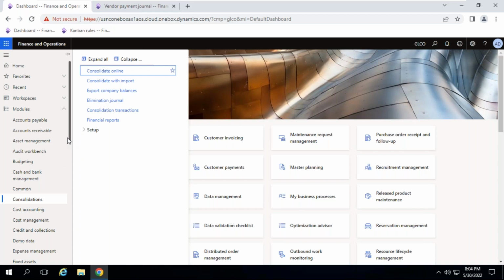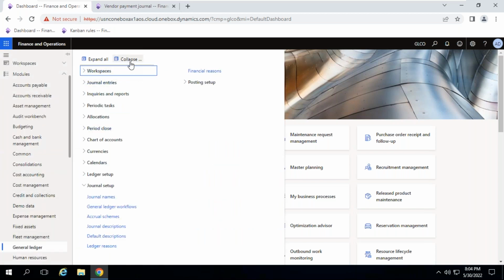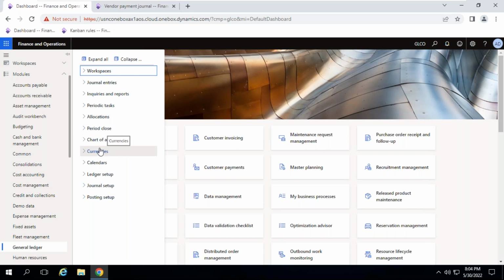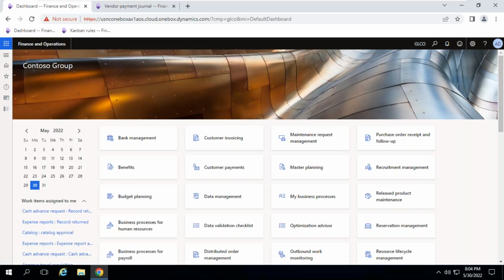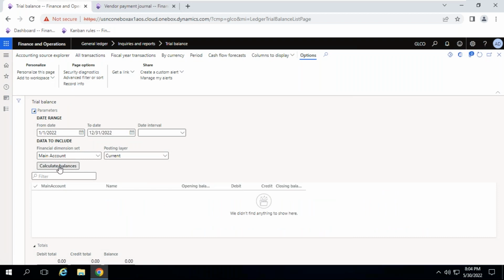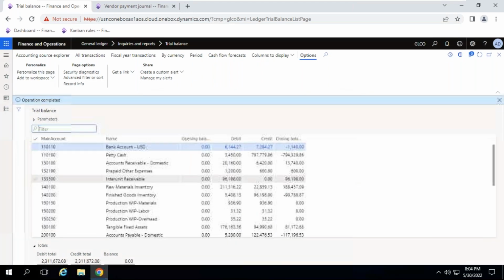If you go to trial balance, not only trial balance, any reports you can generate. But only one challenge: it is a mix of all the transactions.